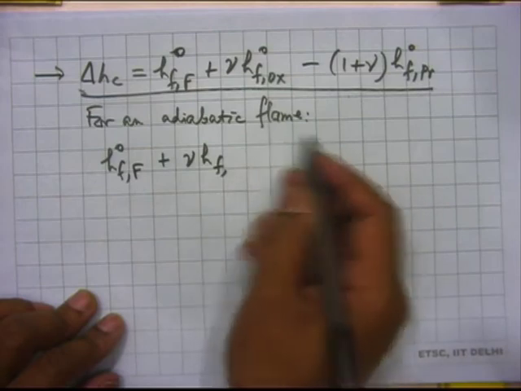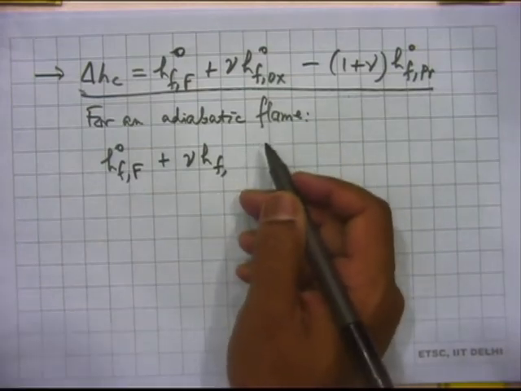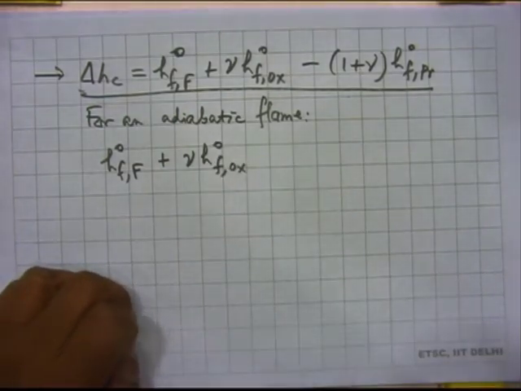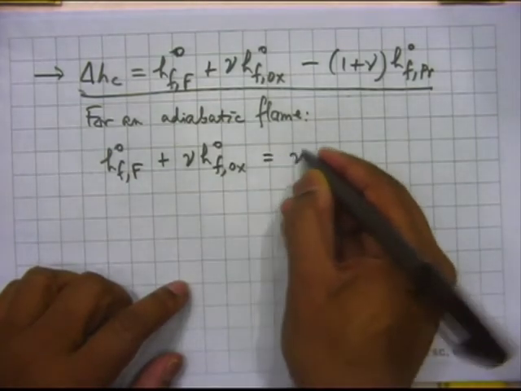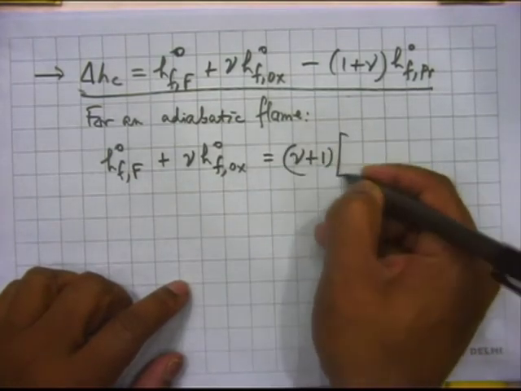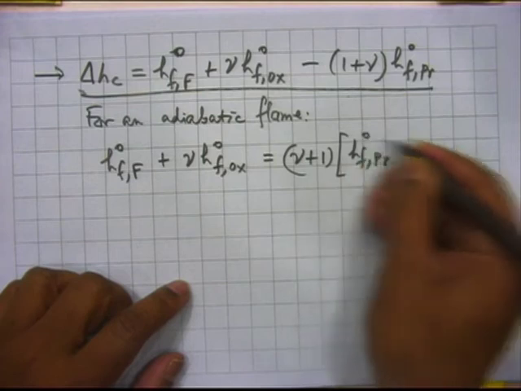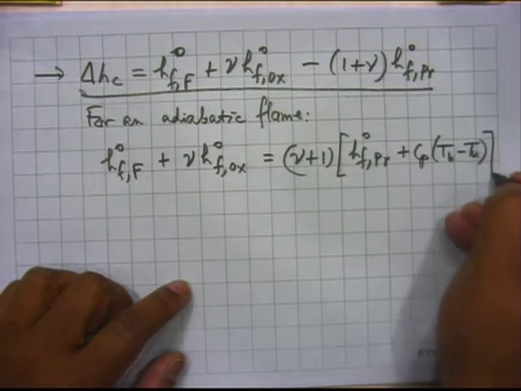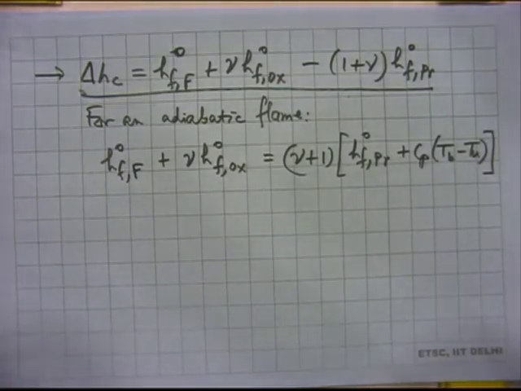Now, I am writing an energy balance for an adiabatic flame, where the reactants are at 1 atmosphere, 298 Kelvin. Then we should be able to write this. Is this correct? This is correct, provided the reactants are at 1 atmosphere, 298 Kelvin.